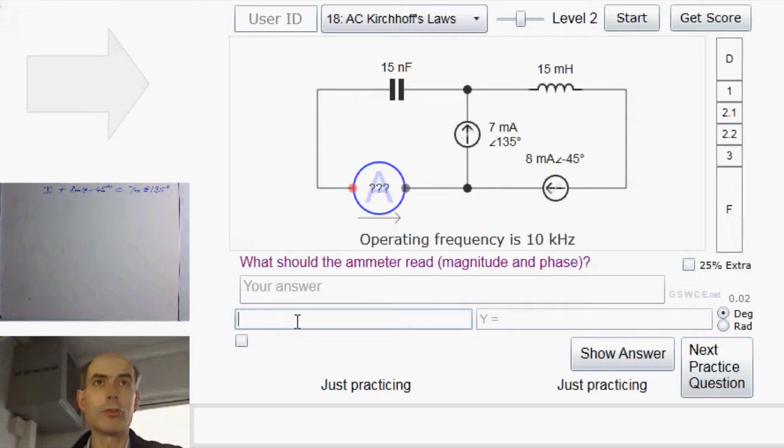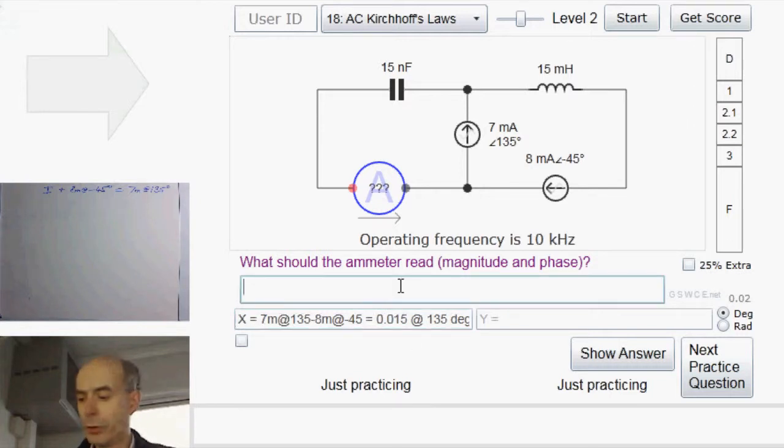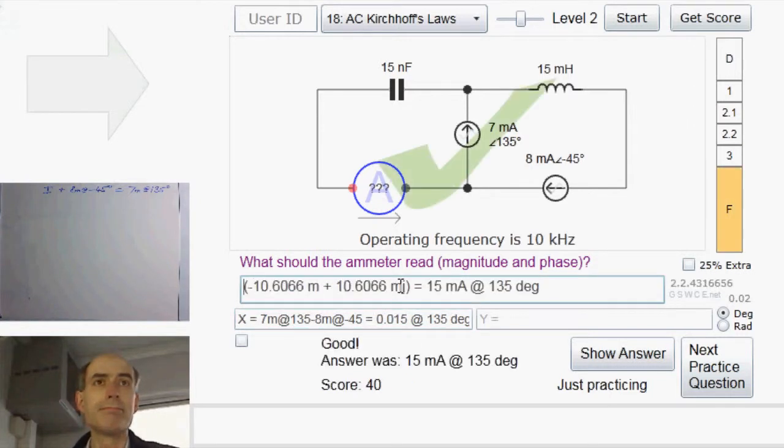We could just write that the unknown current here must be this current here minus this current here, which is 7 milliamps at 135 degrees minus 8 milliamps at minus 45 degrees, which is about 15 milliamps at 135 degrees. And we could just type that in here and we'd be done.